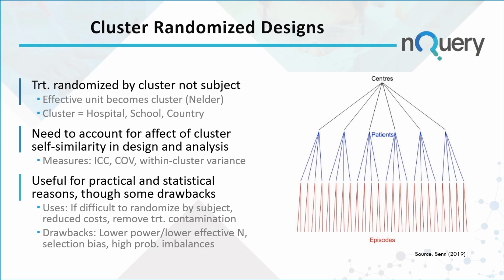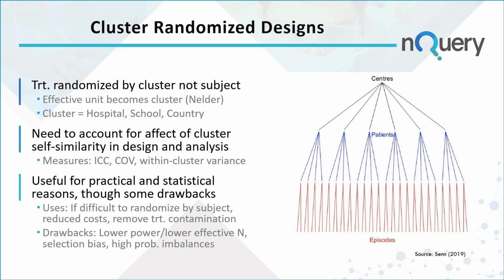And as said, these are useful mostly if it's difficult to randomize by subject, but also can sometimes lead to reduced costs. And if there's a contamination effect, where it's difficult to splice out 5 people within a cluster to only get one treatment and 5 get the other, because they share, say, the same hospital rooms, the same school rooms, then that contamination effect can undermine a fully randomized design, and therefore you may need to go to cluster randomization.